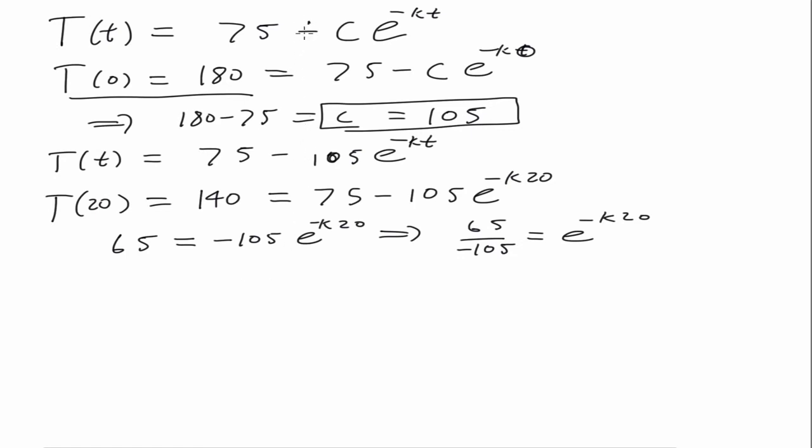I think I made a mistake there. We should have put a plus there, right? Yes, we should have put a plus there. That makes sense. That's better. Sorry, I made a little sign error there.